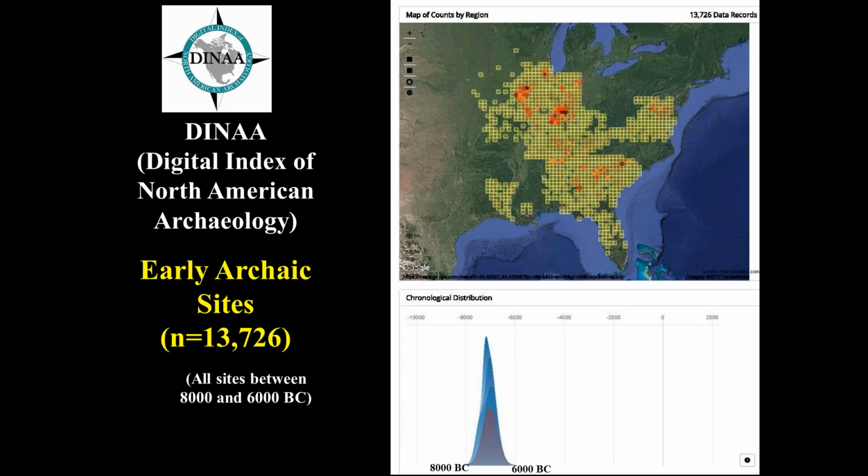Standardized temporal metadata using calibrated or calendar years serve as a relational control between data sets to permit analyses by selected time intervals. As such, DINAA is emerging as a tool of unprecedented power for understanding the causes and effects of coevolutionary change in human societies and the natural environments over the 15,000 years of human occupation in the New World.